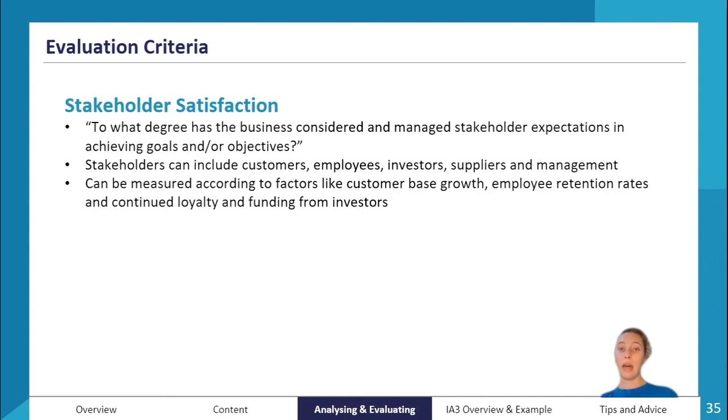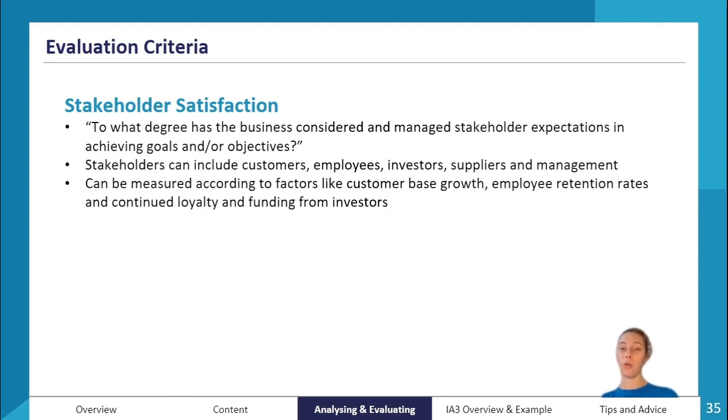So when we looked at the internal macro and operating factors earlier, many of these stakeholders fit into those internal and operating categories. Now, stakeholder satisfaction can be measured according to factors like customer base growth, employee retention rates, and continued loyalty and funding from investors.